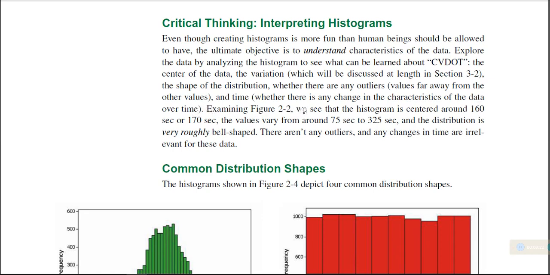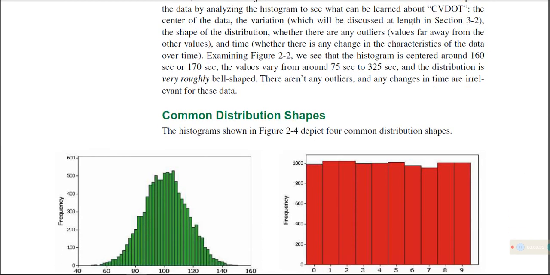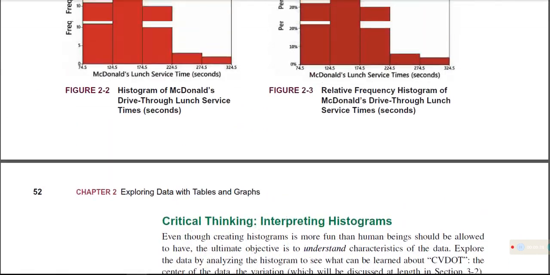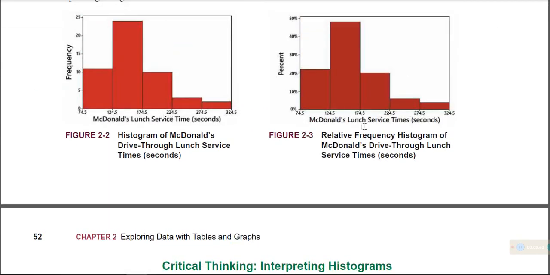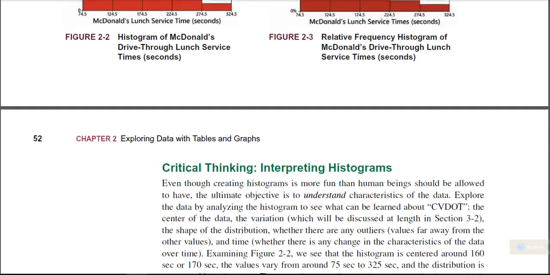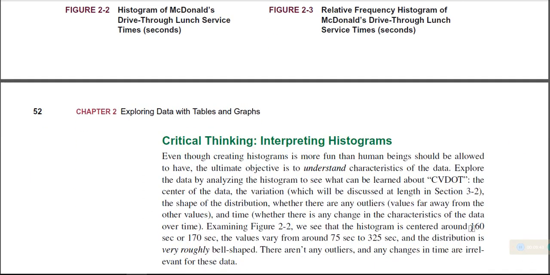Examining figure 2-2, we see that the histogram is centered around 160. So, tingnan nga natin. So, the histograms shown in figure, ito, si 2-2. So, ang center niya, around 160 daw. Second or 170 second.